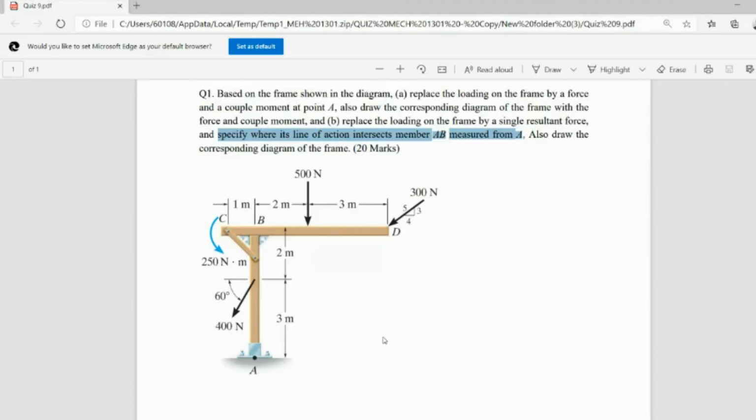So why must we find the angle? What do you mean, why? For the resultant force? To find the distance, sir.